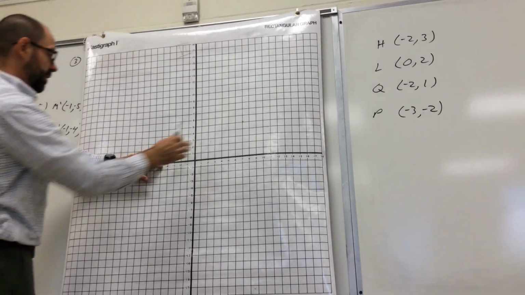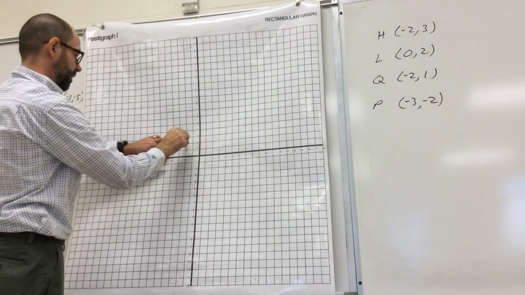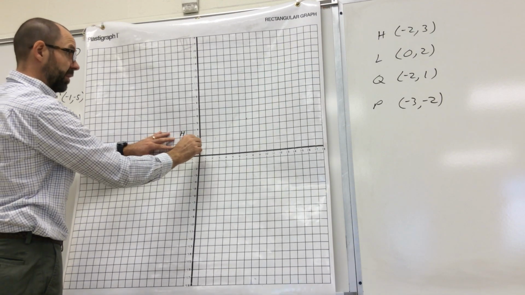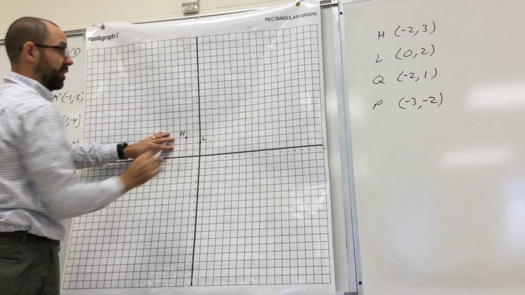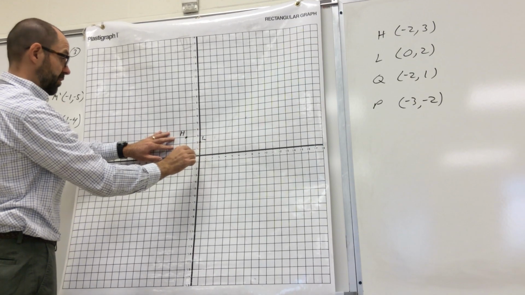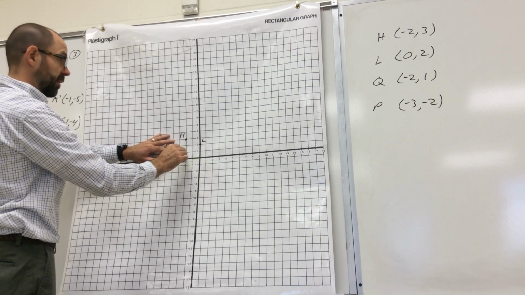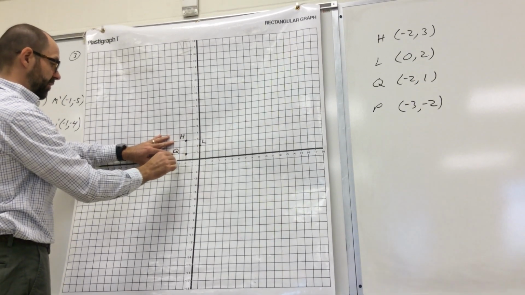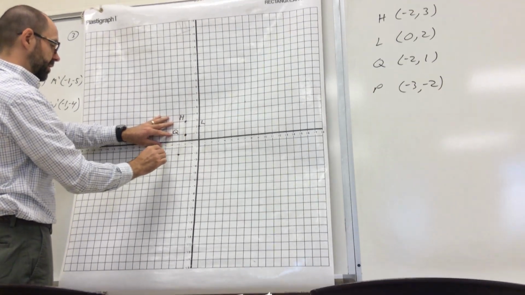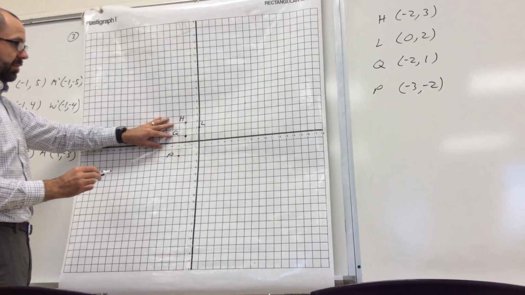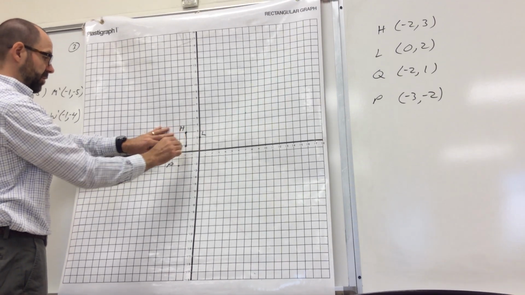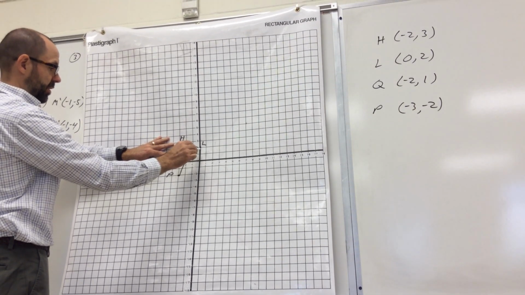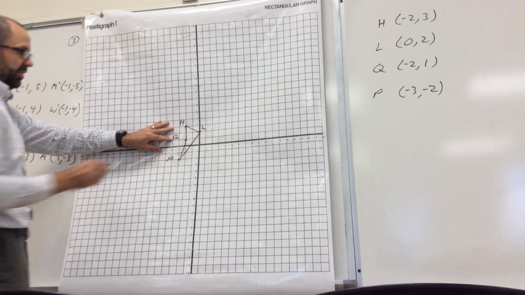All right, so we got -2, 3. That's H. And 0, 2. That's L. And then -2, 1. That's Q. Am I good now, Charlie? Yeah. Thank you. -3, -2 is P. Okay, then I want to connect H to Q, Q to P, H to L, and L to P. Okay, that's looking better. Thank you.